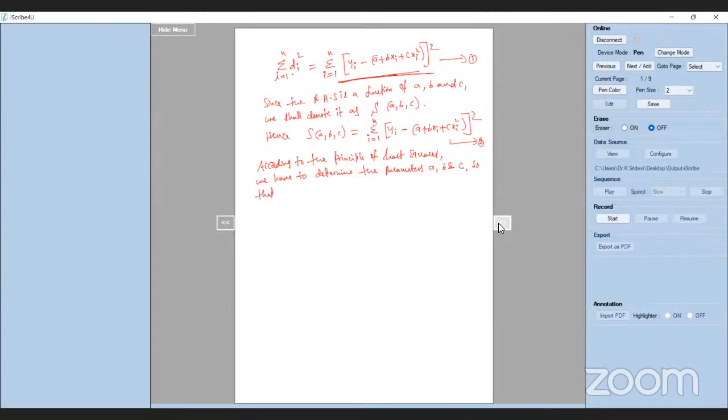We have to determine the parameters A, B, and C so that S is minimum. It has a minimum value.